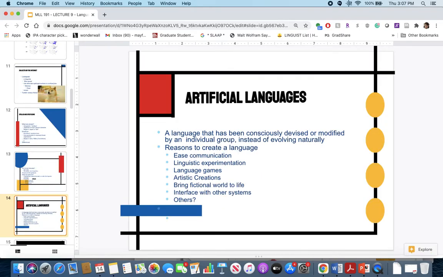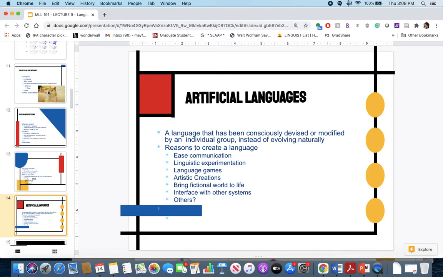So, artificial languages. Artificial languages are languages that are not naturally derived, so they are consciously modified or created by a group, right? So they are not a product of evolving naturally. They're not pidgins. They're not creoles.